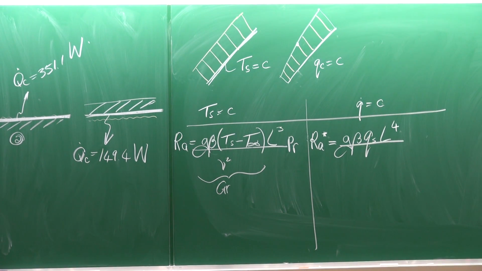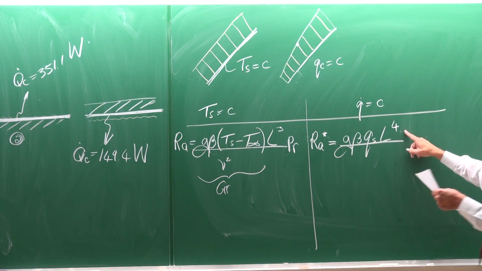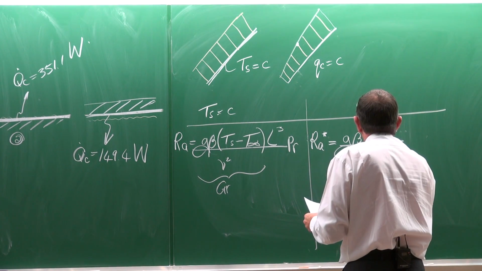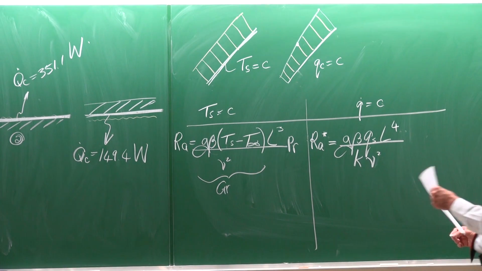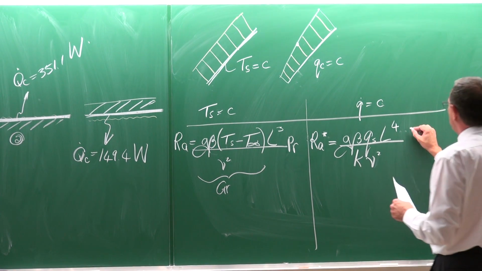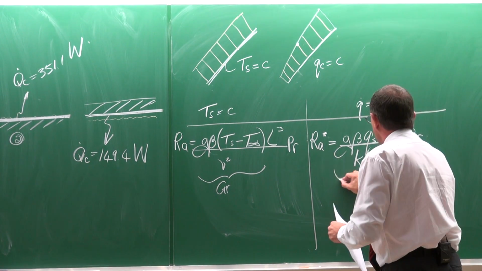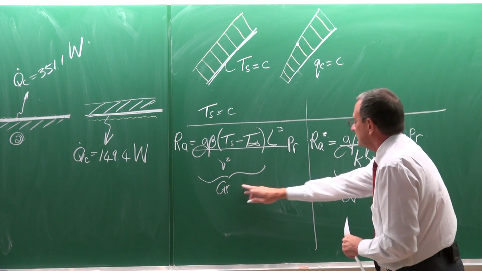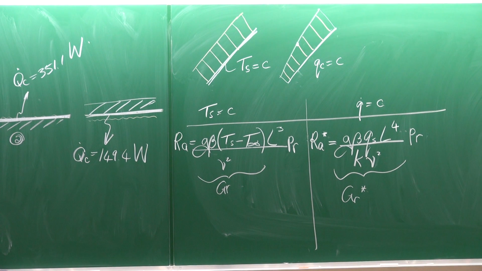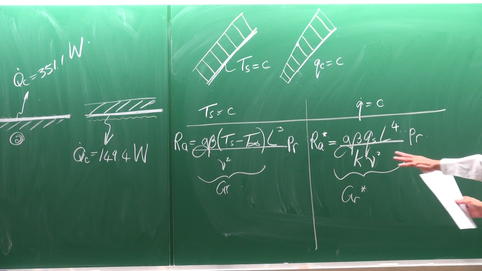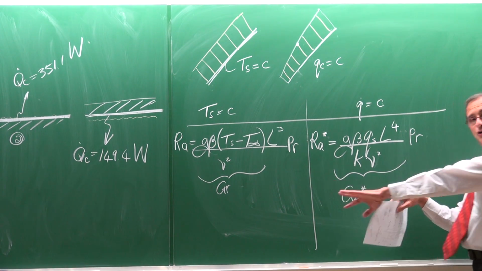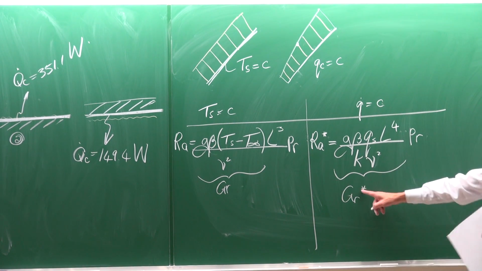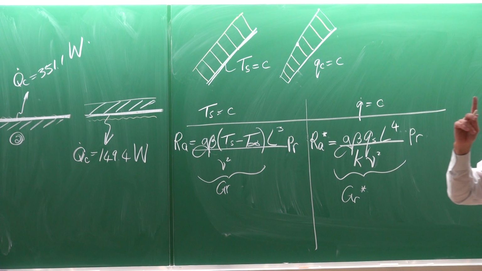So there's an extra dimension that comes out, L to the fourth, divided by k, kinematic viscosity squared, multiplied by the Prandtl number. So this becomes our modified Grashof number, again indicating the one with a constant heat flux. When you get to the tables or the equations, you will see two different types of them. If you wonder where this comes from, it's the constant heat flux cases.